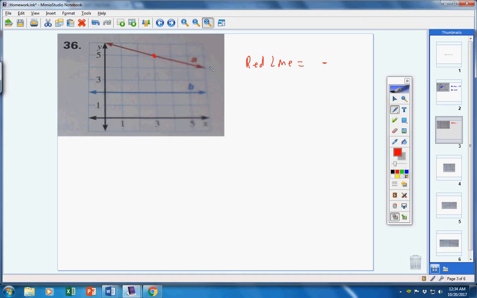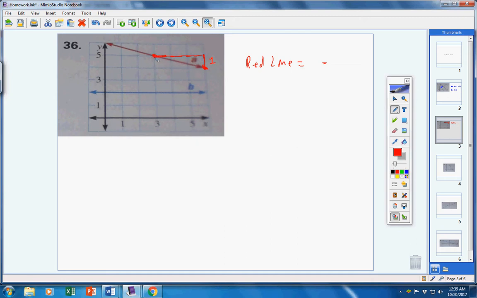And then, guys, if you can imagine this line continuing, it would go right through this point here, too. So there we go. So, I rise 1, and I run 1, 2, 3. You never count where you put your pen.